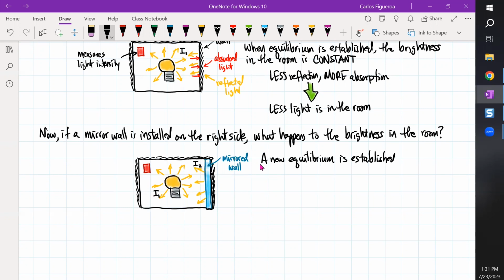And so what you're seeing here is that now I have more reflection, and now I have less absorption.